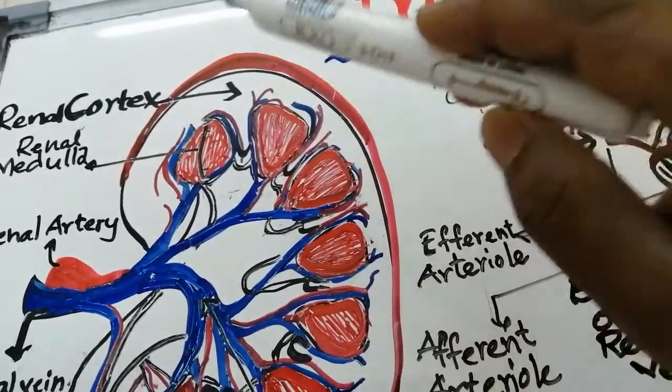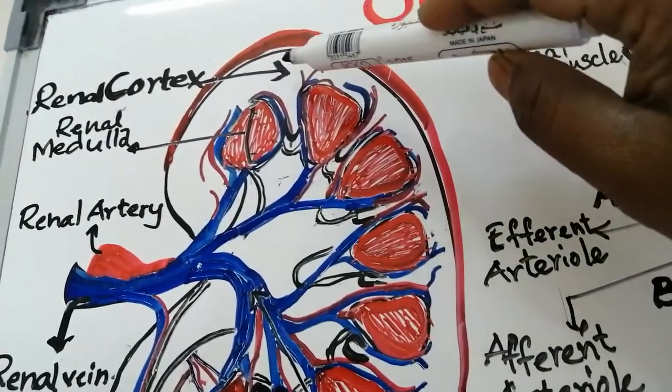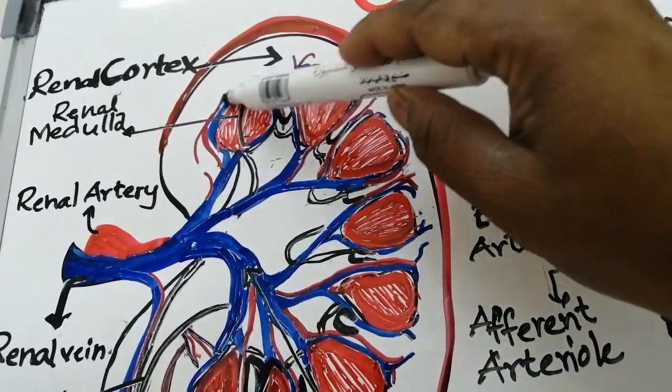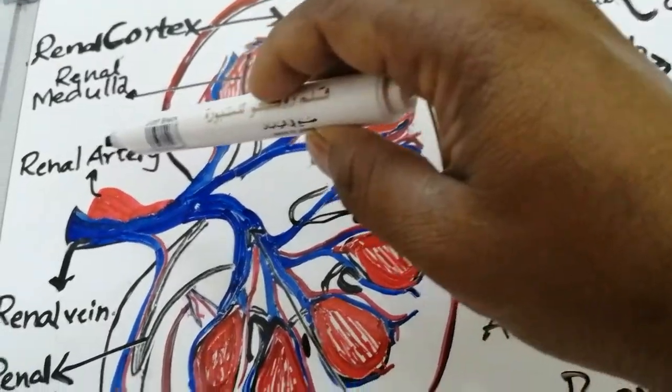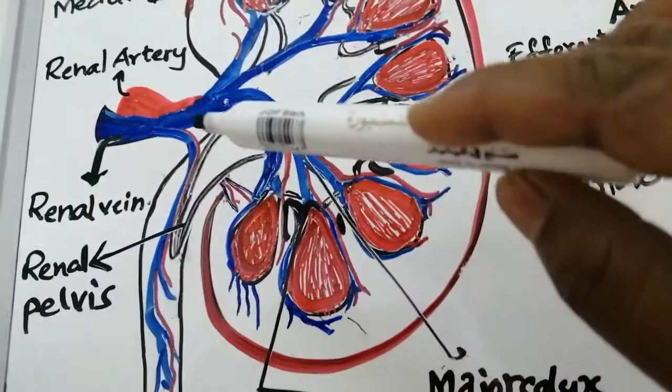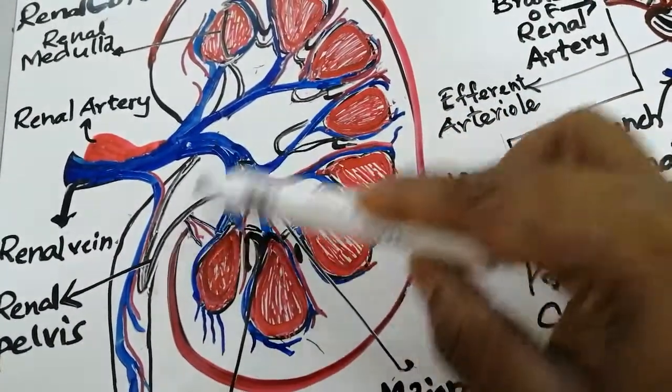Here you can remember the important labeling: the renal cortex, the renal medulla, the renal artery and renal vein. This is called the renal pelvis.